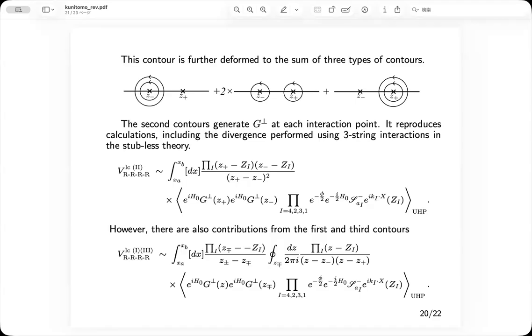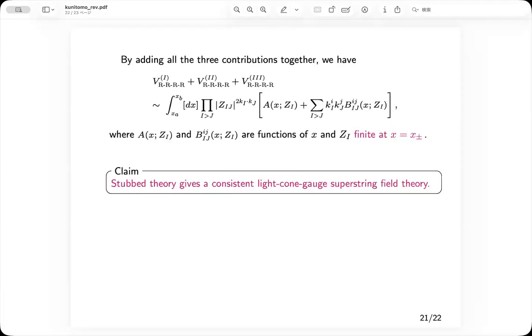However, there are also contributions from the first and third contours, evaluated in this form. So by adding all three contributions together, we have this kind of amplitude, this four-string interaction, where we don't explicitly write the functions a and bij. This is a function of x and zi that is finite at x equal to x plus minus.